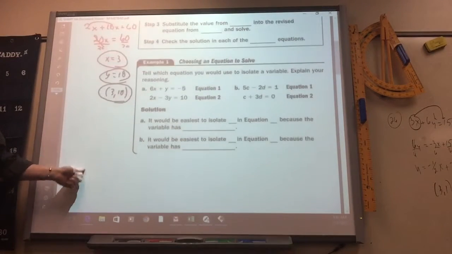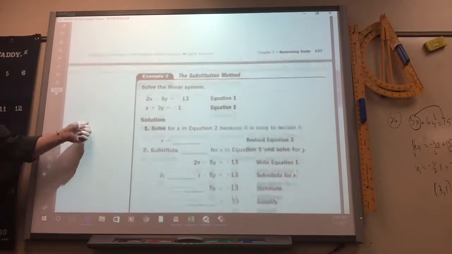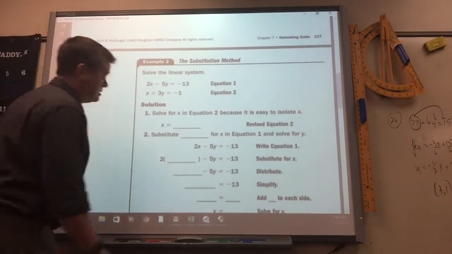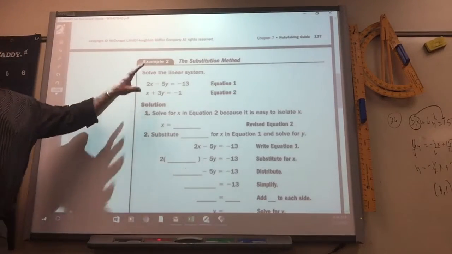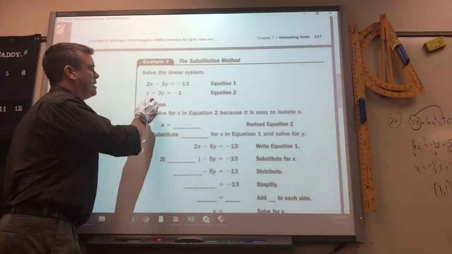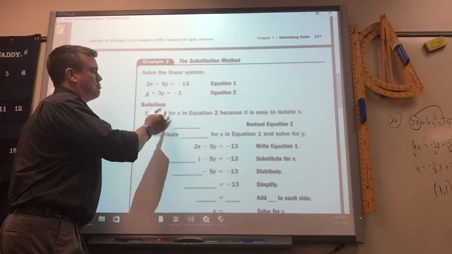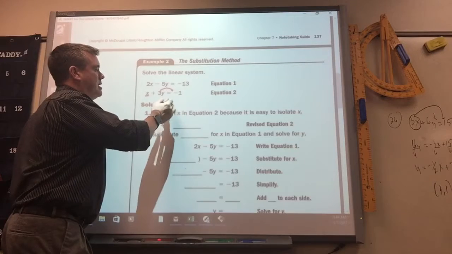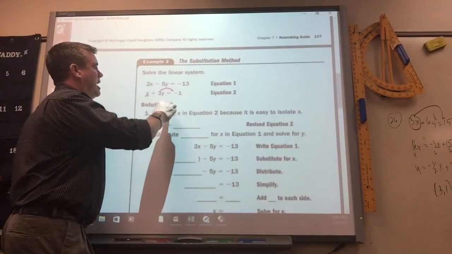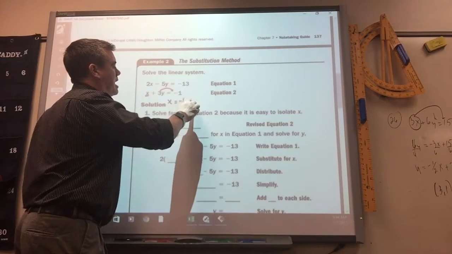But, like here, they don't have a letter by itself. But this one isn't so bad, because I can get this x by itself pretty easy. I just got to move this over, right? So then it would become x equals -1 minus 3y.